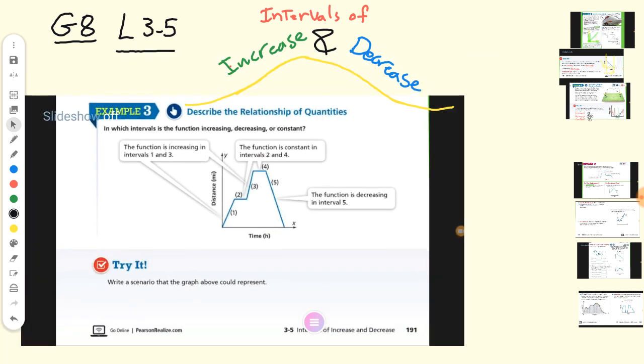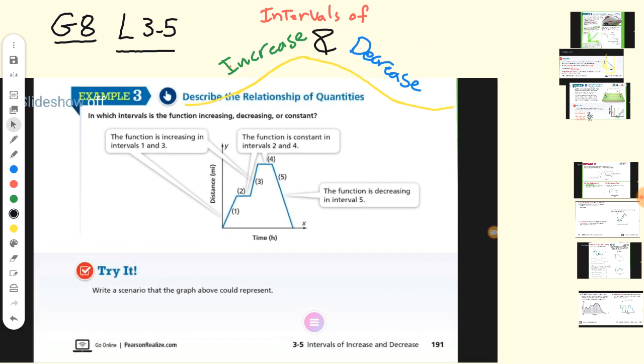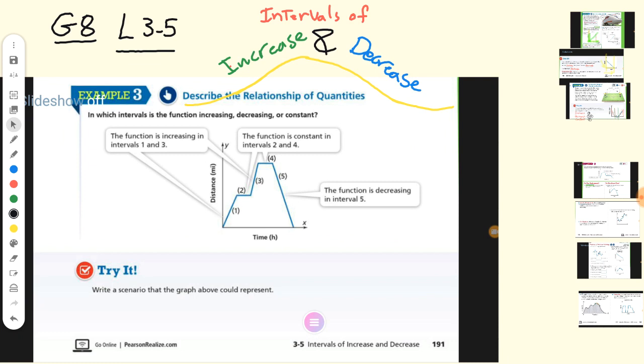The next page, example number 3. At the end of the page, I can read the scenario of the behavior of the following graph. As you see here, in which interval is the function increasing, decreasing, constant?